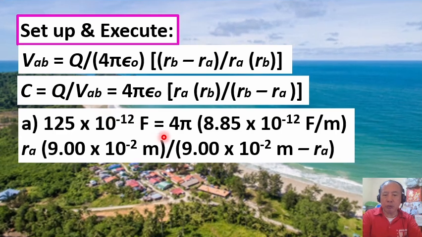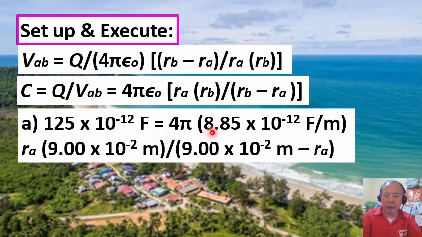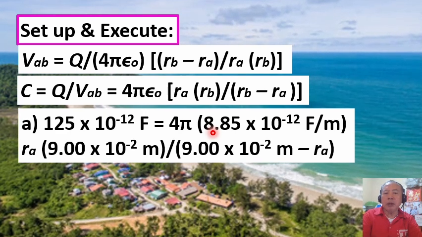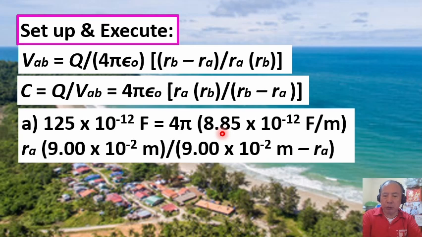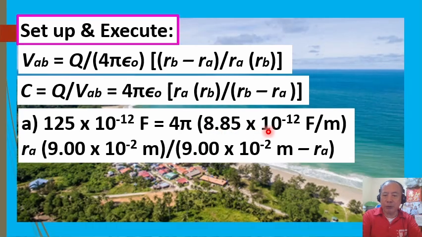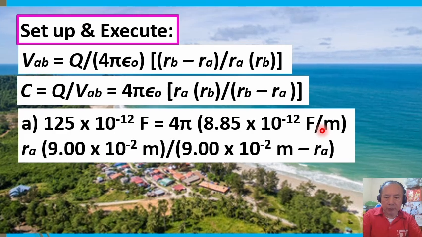So we equate that to 4 pi multiplied by epsilon naught, also known as the permittivity of free space, equal to 8.85 times 10 to the negative 12 farad per meter. All right?